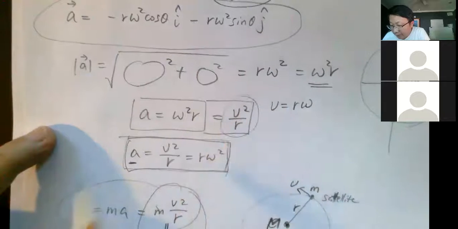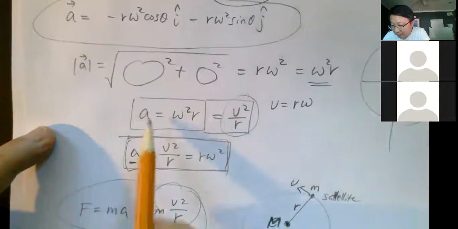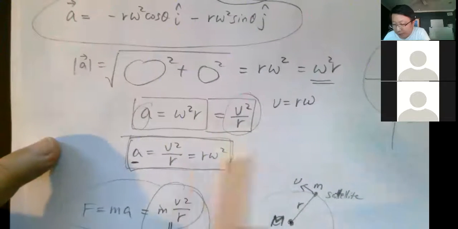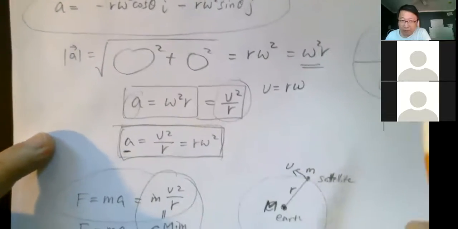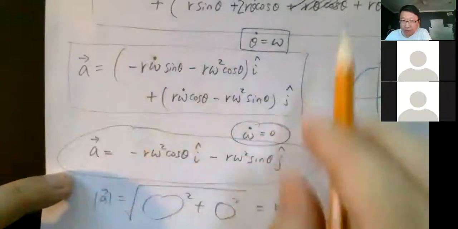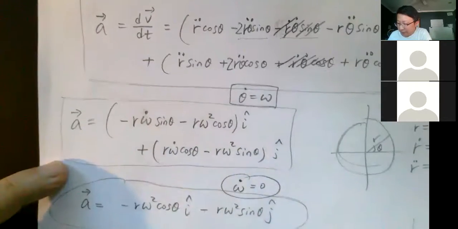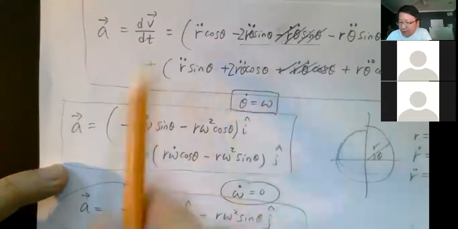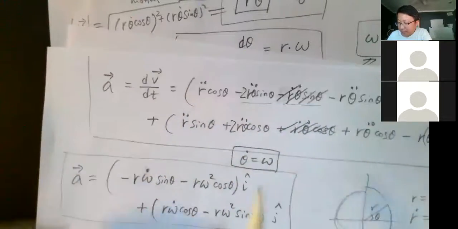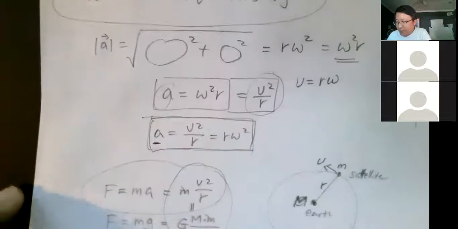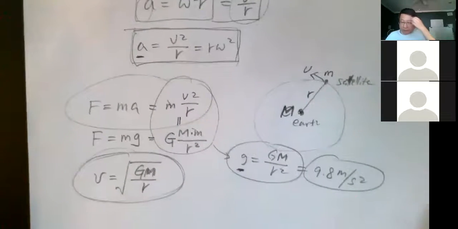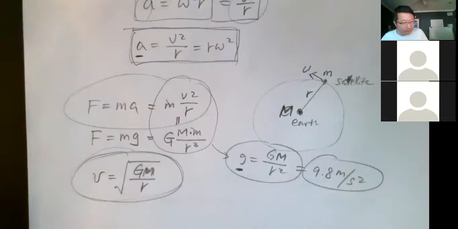You use this formula very often. We remember a equals v squared divided by r. Here it's a very general format, more complicated, and then simplified from the very general case. So that's pretty much what I have for today.